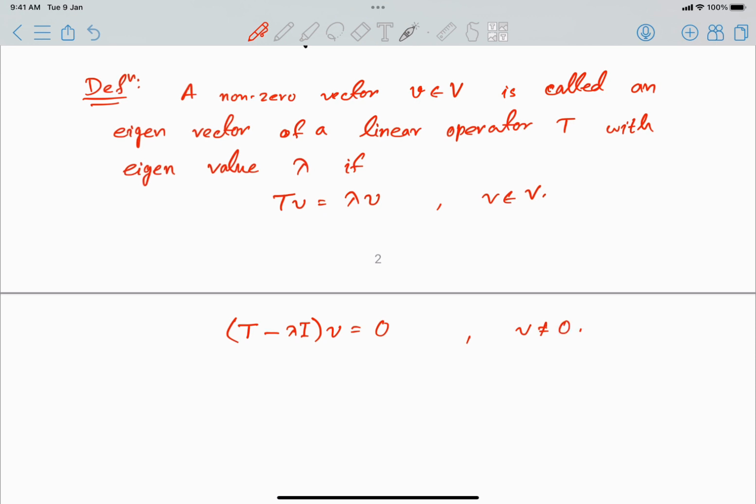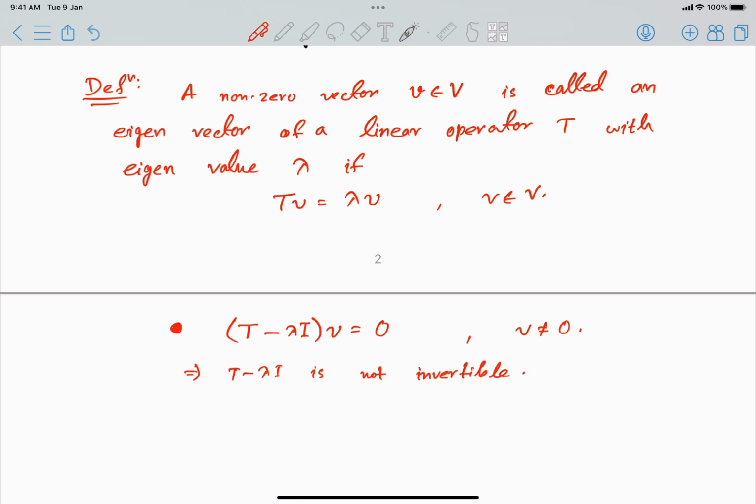So lambda is called an eigenvalue with eigenvector V if it satisfies this equation, right? Which is same as saying that T minus lambda is not invertible, right?